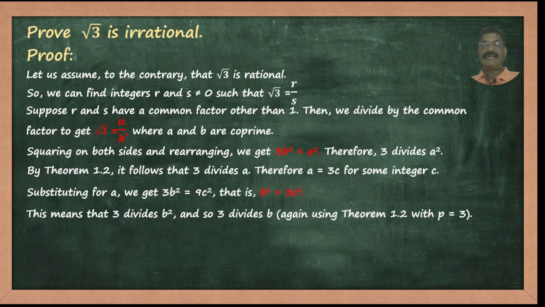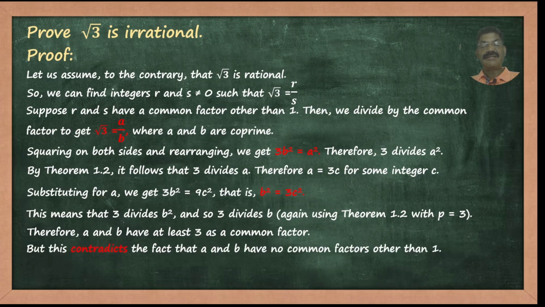Again, applying the same logic, 3 divides b, because 3 is a prime number and it divides b square, so 3 must divide b also. Hence, a and b have at least 3 as one common factor. Maybe other factors, but we can ensure that a and b have at least 3 as a common factor.